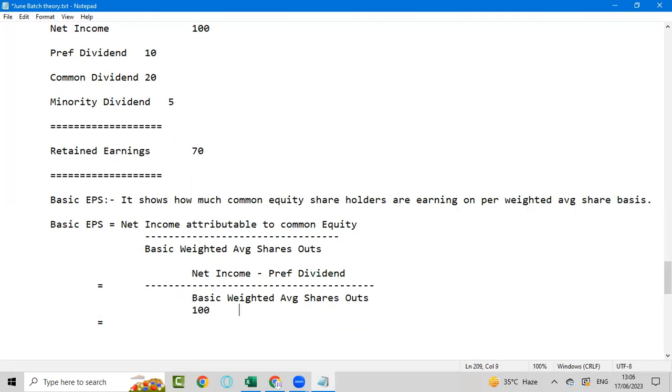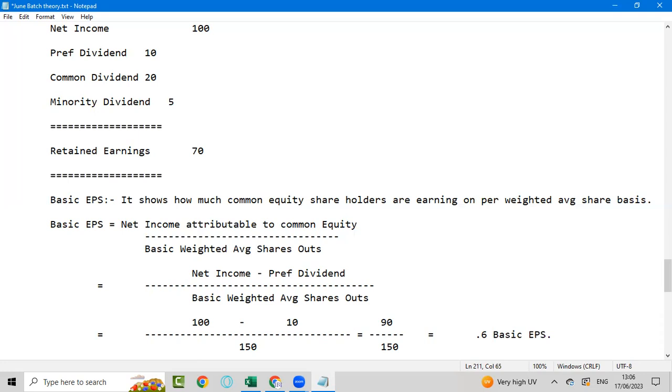Net income was 100 minus preference dividend, that is 10, divided by basic weighted average shares. For that we need some share related data. For now I am assuming it is 150. I'll let you know how that is calculated. So if we have, let's suppose, 150 weighted average shares, I'll take 90 divided by 150, and that will give me 0.6 basic EPS.